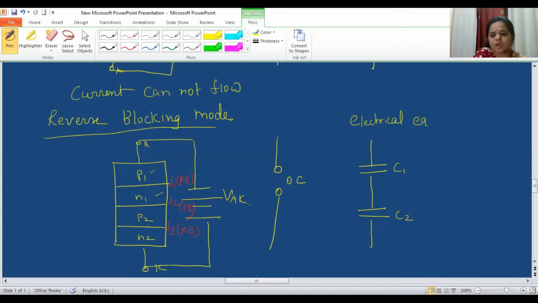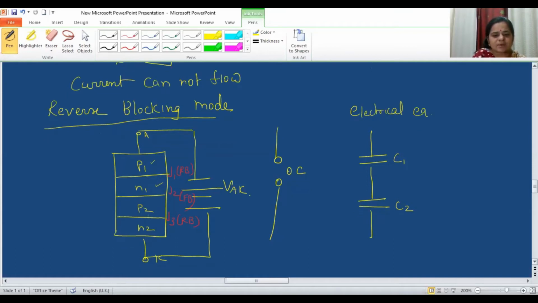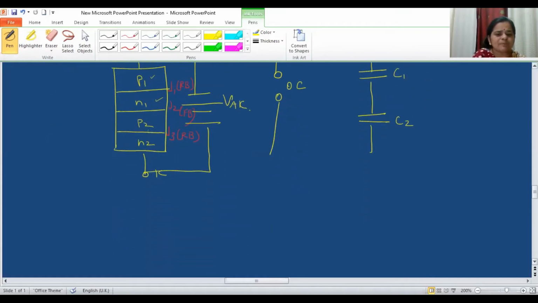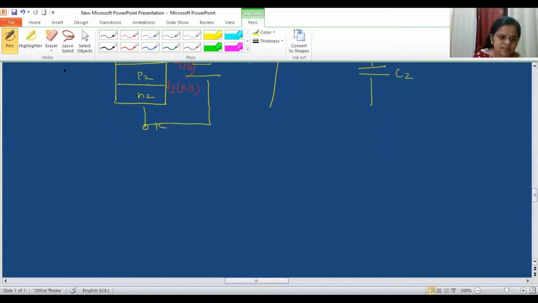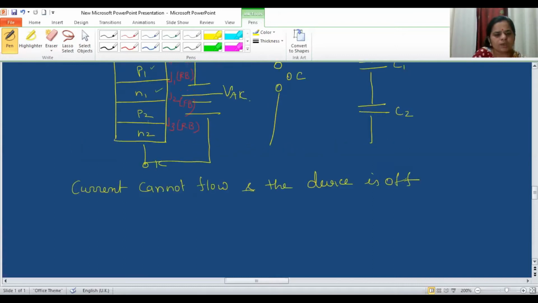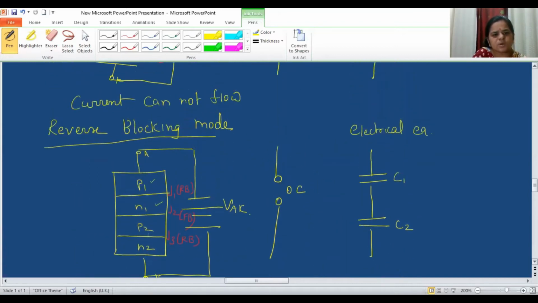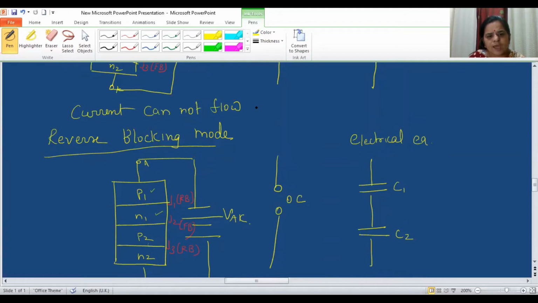So in reverse blocking condition, the device's electrical equivalent is two capacitors connected in series. Again, in this mode the current cannot flow and the device is off. In forward blocking mode also, current cannot flow and the device is off.